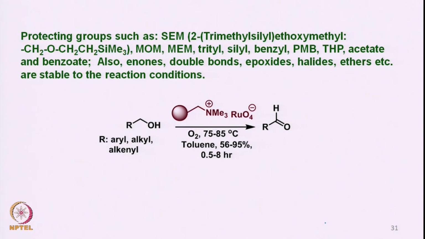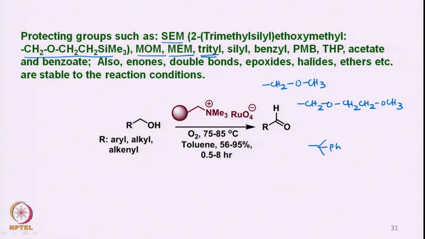So, as I said, different protecting groups such as SEM, which is 2-trimethylsilyl ethoxymethyl like this, MOM, which is nothing but CH2O methoxymethyl protecting group for the alcohol, or MEM, which is methoxyethoxymethyl ether, so you have CH2CH2OCH3. Then the trityl group, which is nothing but this type of substrate from the oxygen here of course.